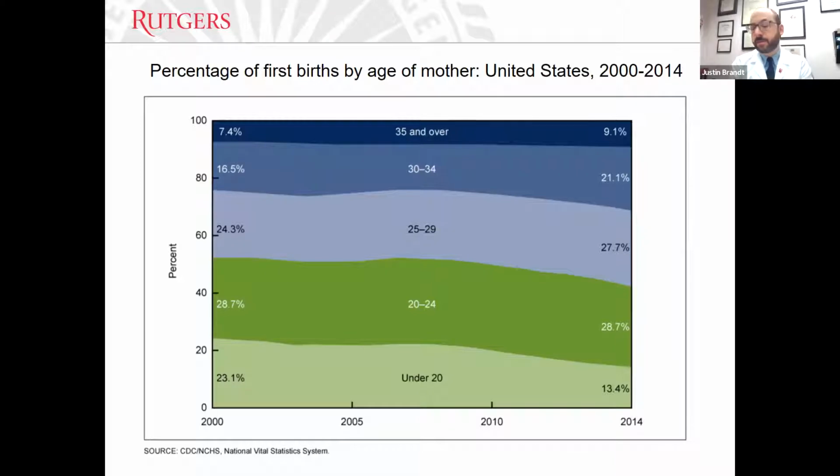For women in their early 20s, the rates were stable, around 28.7%. And we see that the rates have increased for women above the age of 25, increasing for women 25 to 29 from 24 to 27%. Women in their 30s now represent 21% of all first births, and women over the age of 35, more than 9% of first births.